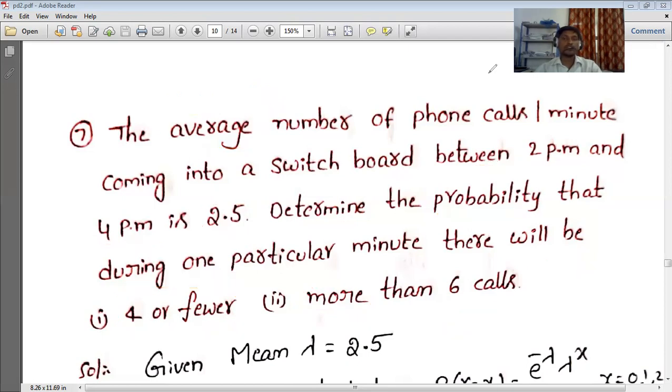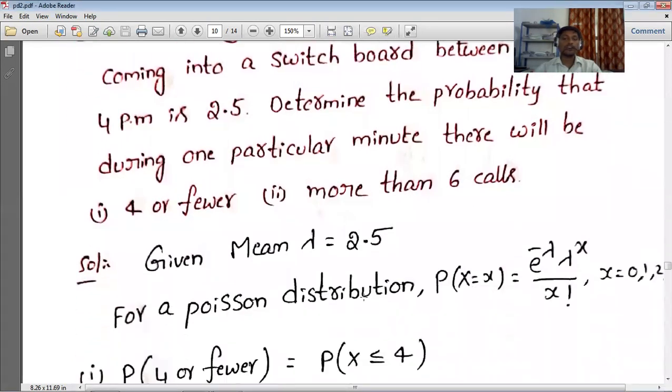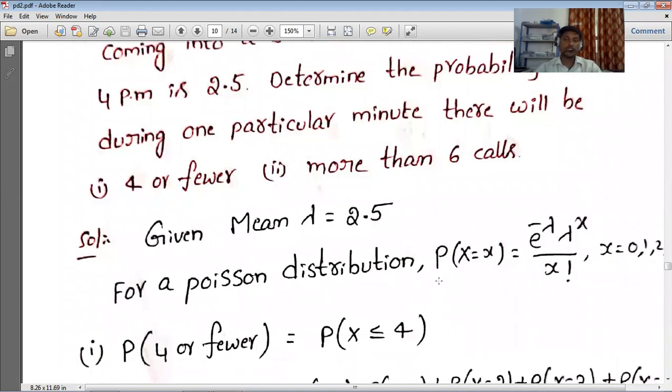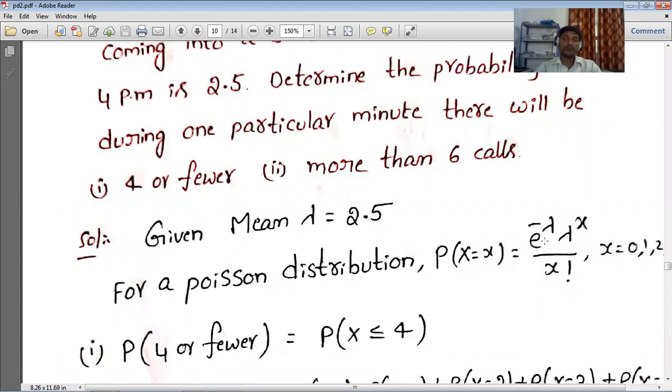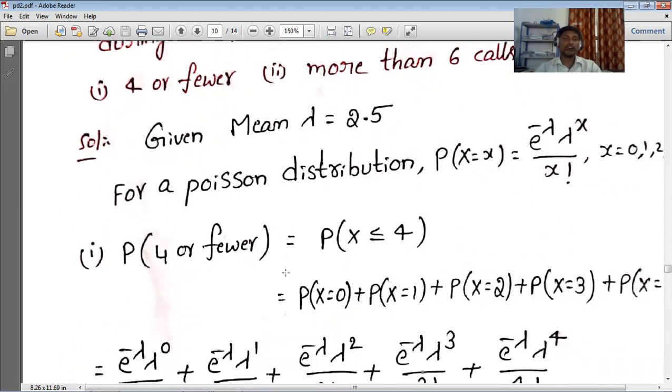See here, given mean lambda is equal to 2.5 for a Poisson distribution. So this is the formula we are using, e power minus lambda, lambda power x by x factorial. So first one, P of 4 or fewer.